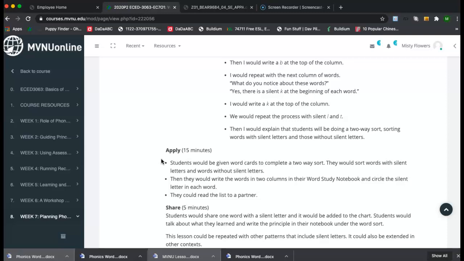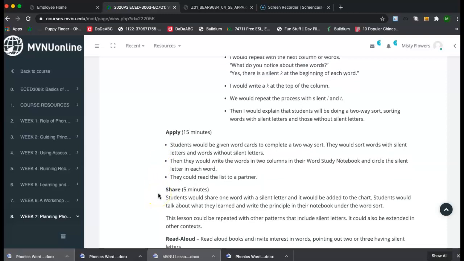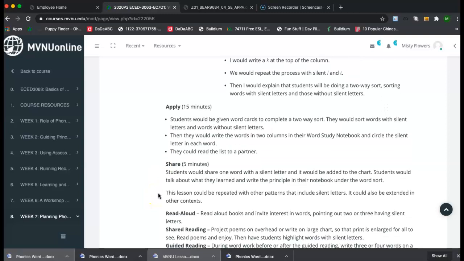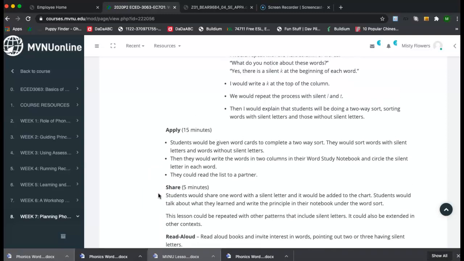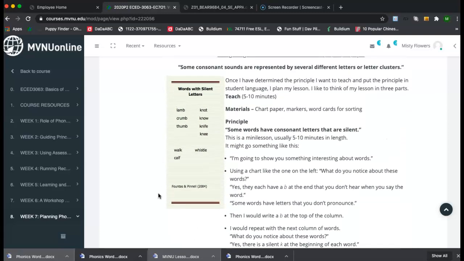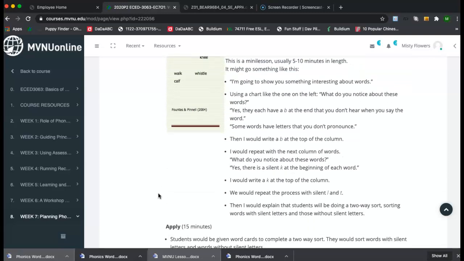Then they're going to write the words in 2 columns in their word study notebooks. And they circle the silent letter in each word. Then they read the list to their partner. At the end, we're going to have a share time where the students can share a word with a silent letter, and we can add it to our anchor chart that we started with.